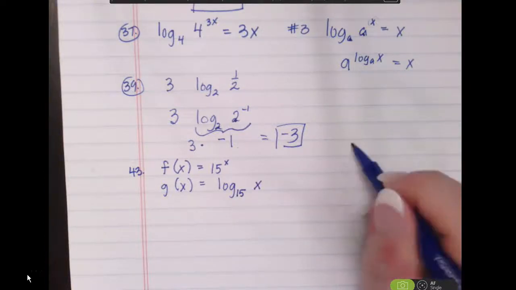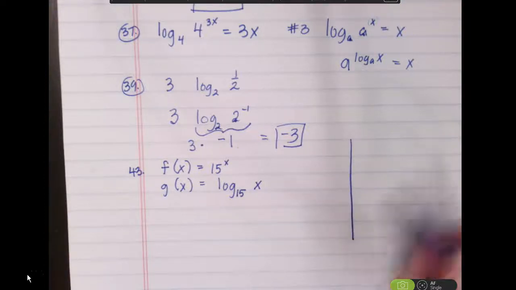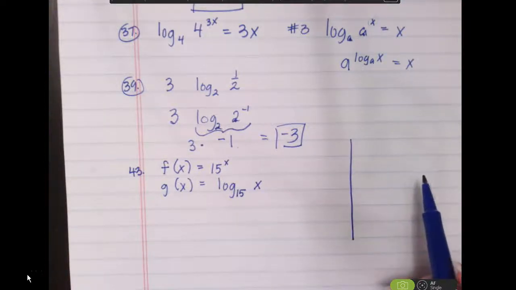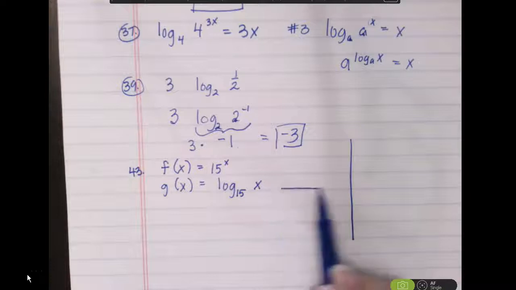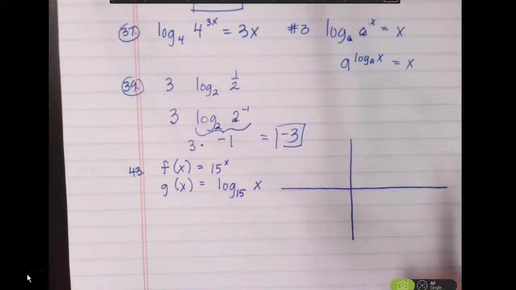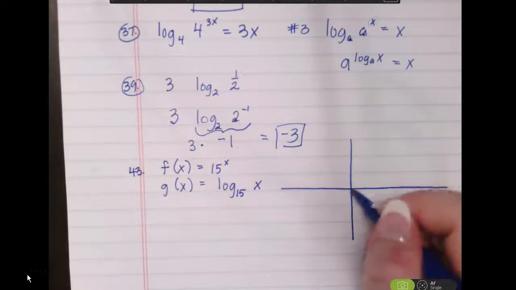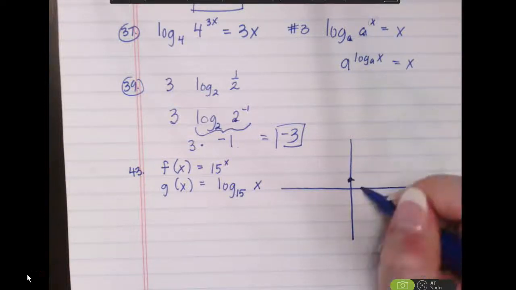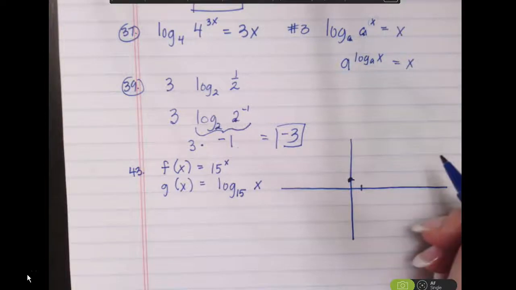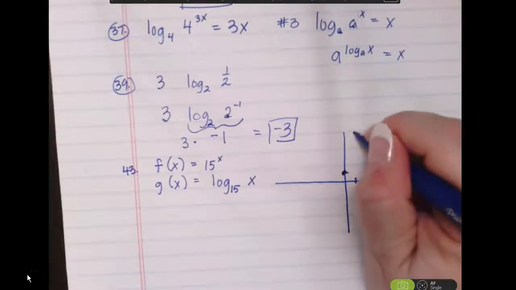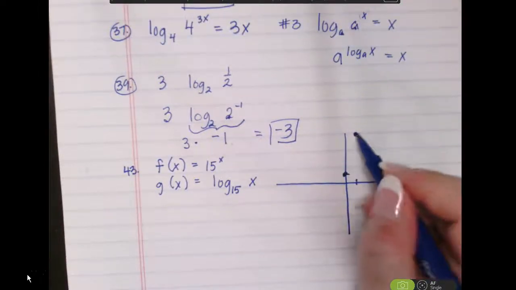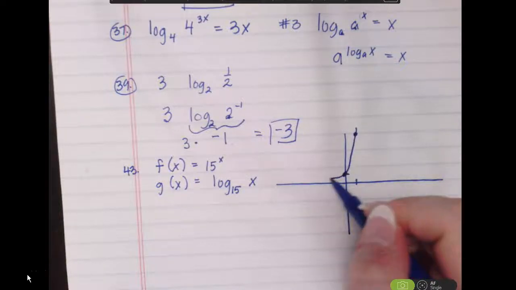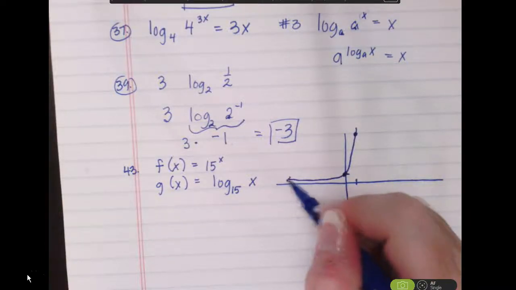So 15 to the x, if I start out at 0, it equals 1, and then as soon as I go to the power of 1, I'm jumping way up to 15. So this is a pretty steep exponential.